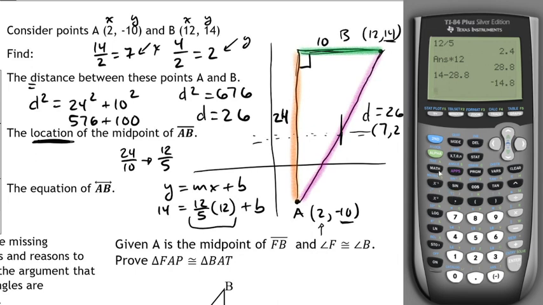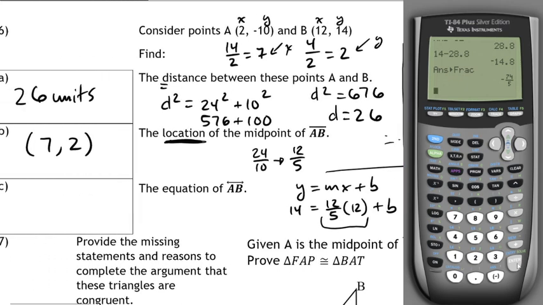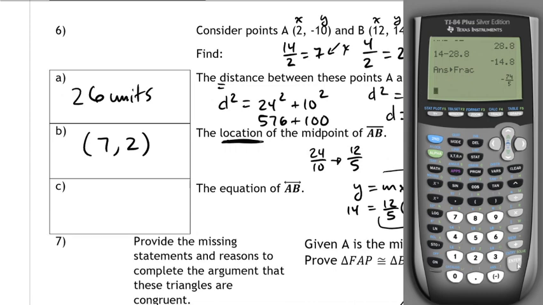I am going to convert this to a fraction. I didn't penalize anyone if you left it as negative 14.8. That's fine as well. But the answer, written one way, you could write y is equal to 12 fifths x, minus 74 fifths. Okay, let's move on.